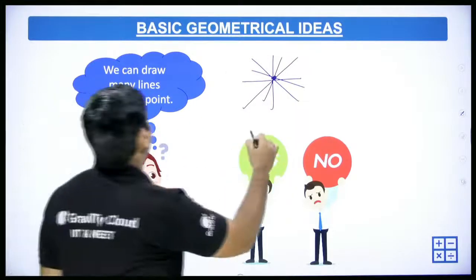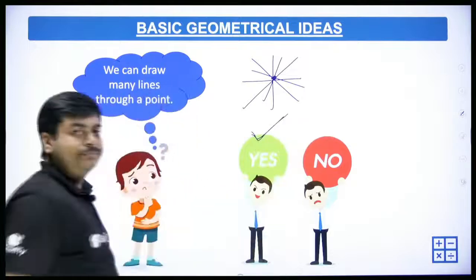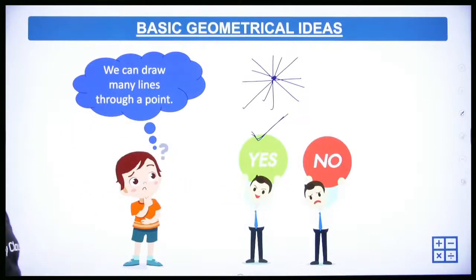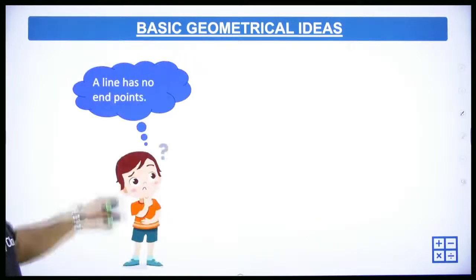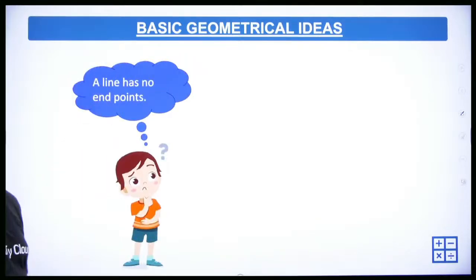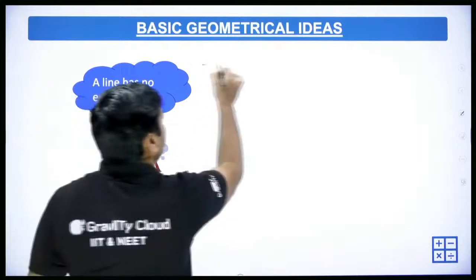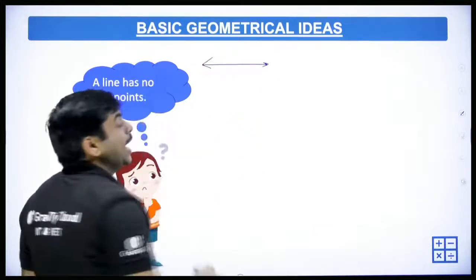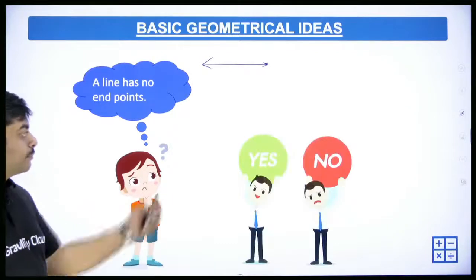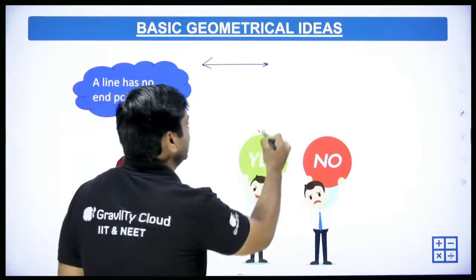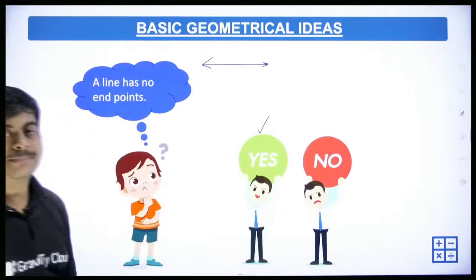So yes, we can draw many lines through a point. Right. What next? A line has no end points. Correct. A line has no endpoints, and don't get confused between a line and a line segment. So the answer is yes, a line has no endpoints.